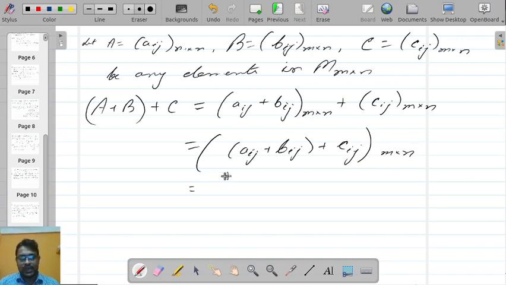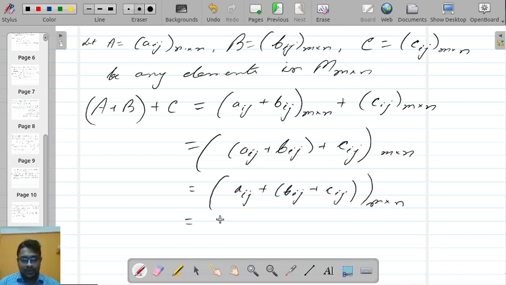Since a_ij, b_ij, c_ij are real numbers, I can write it as a_ij + (b_ij + c_ij). So I can separate it this way, m by n. By definition, it's (a_ij) m by n plus (b_ij + c_ij) m by n.